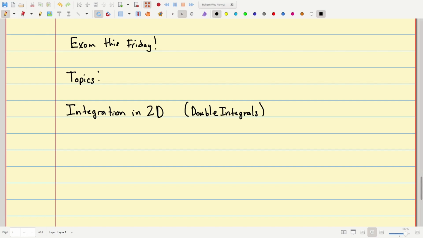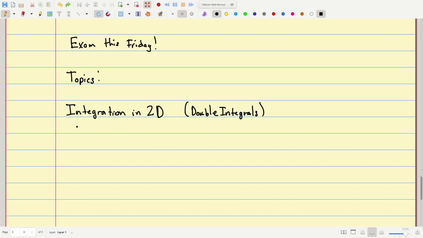All right. So we're talking about double integrals. We're integrating in 2 dimensions. Okay. There are 3 main ideas here. Well, I guess that's the second idea.